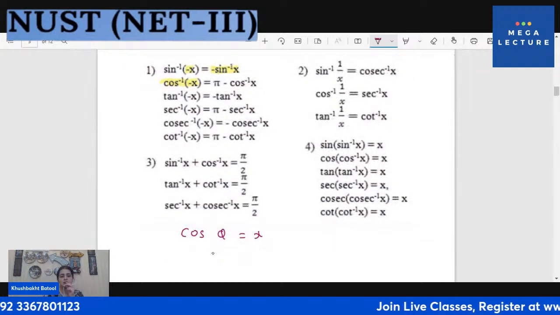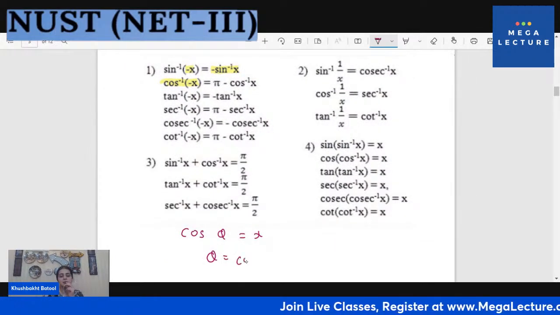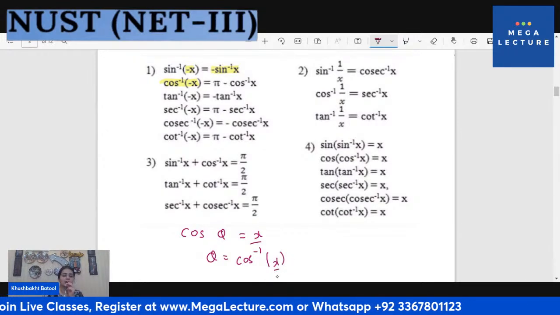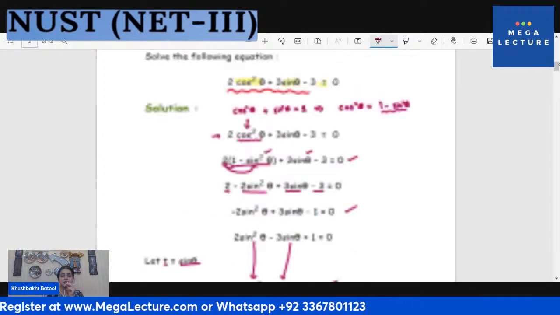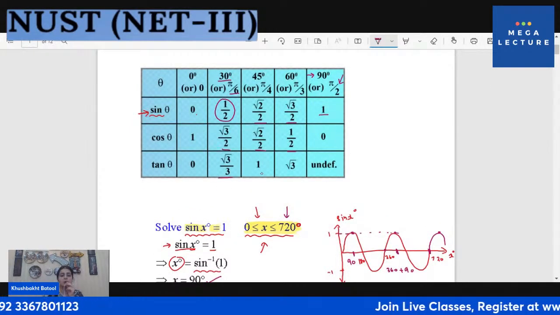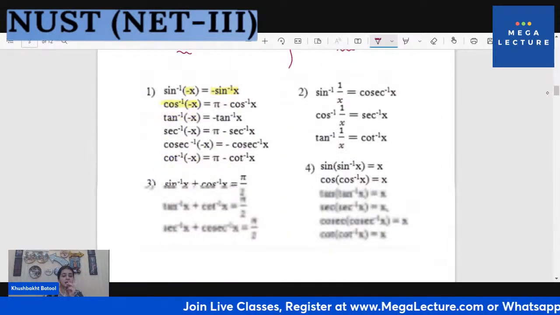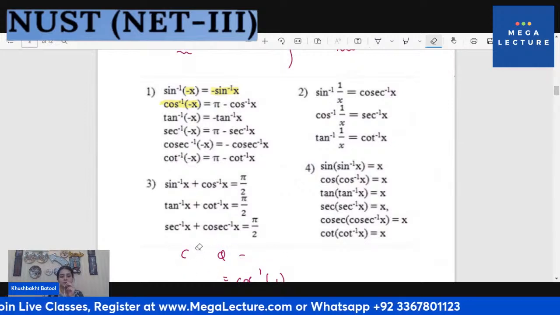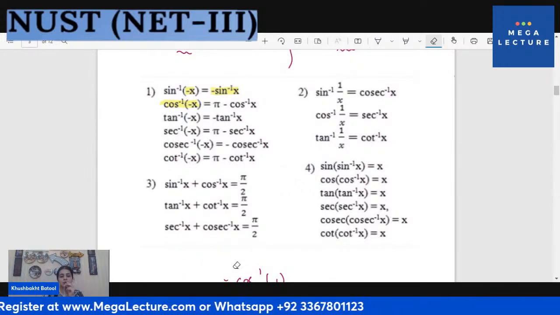So your theta is basically equal to cos inverse x. Okay, so please be clear, this x is not your angle, this x is just this value, these values right here. And all of these values are positive. Okay, so how would we be solving for negative ones? We'll be using this table of identities. Okay, all right. Then let's talk about some more quickly.